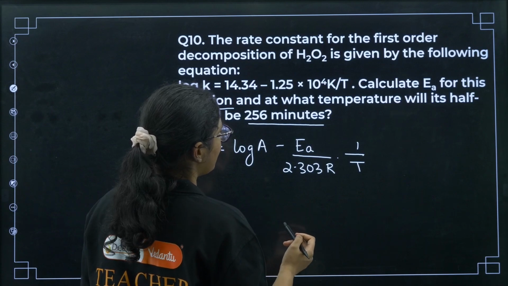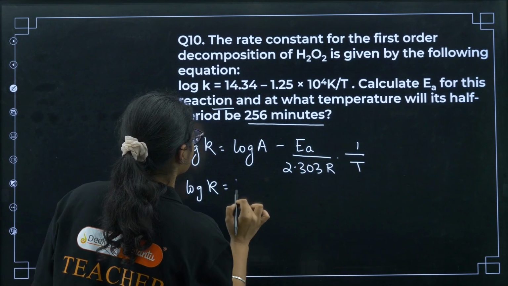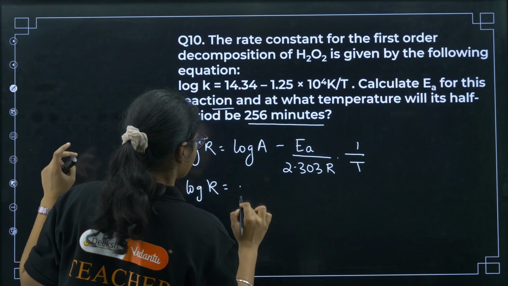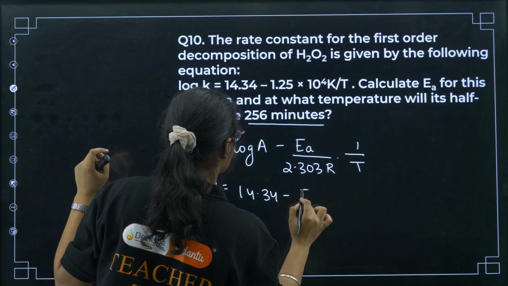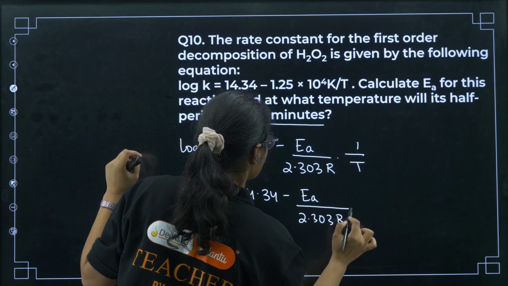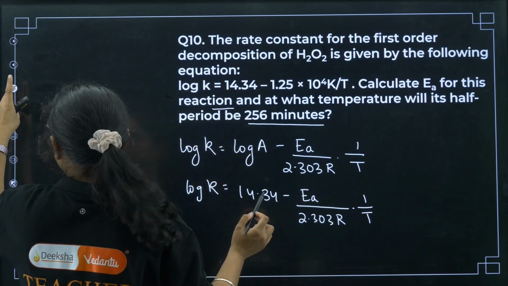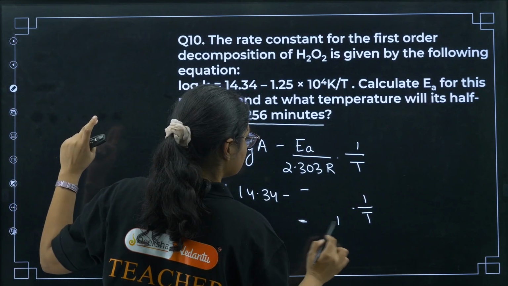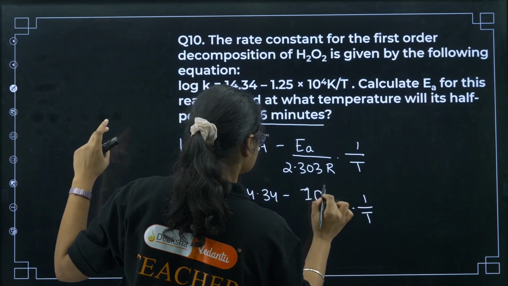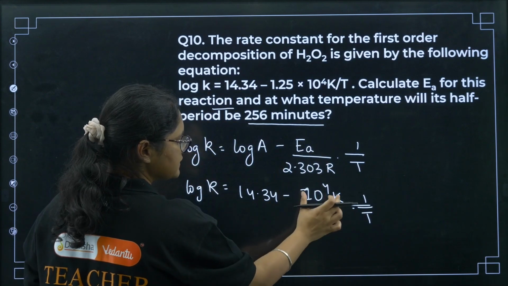Okay. So now the given equation is log K is equal to 14.34 minus EA by 2.303 R into 1 by T. Now you see this one, sorry, this is 10 to the power of 4 K by T. So now you can see this equation is equal to this one.